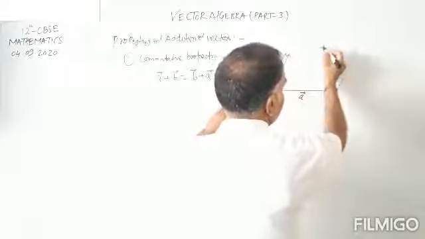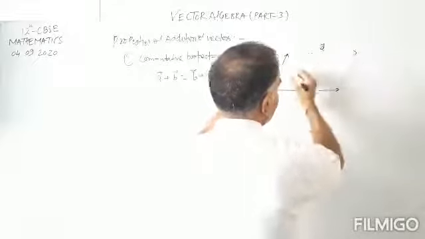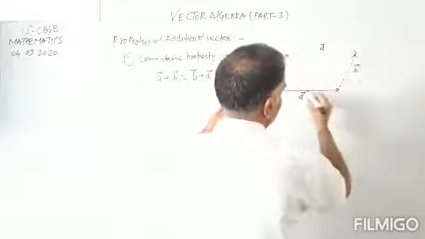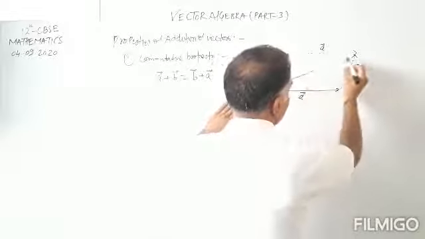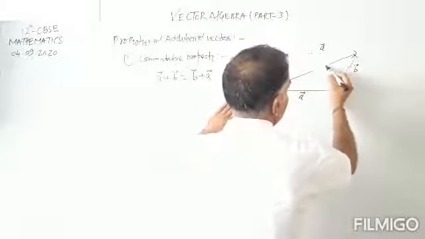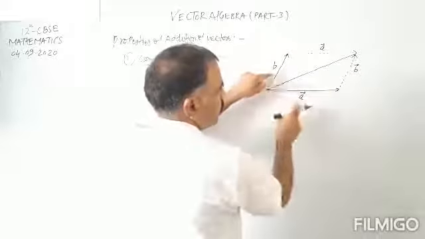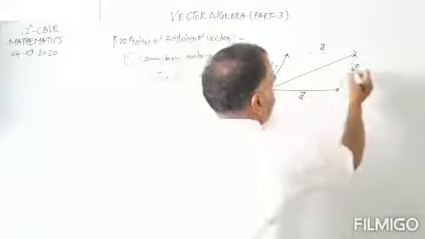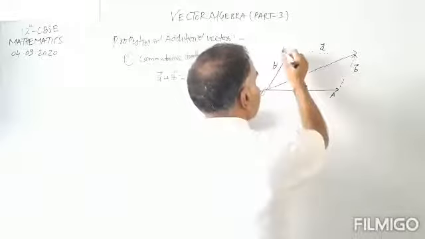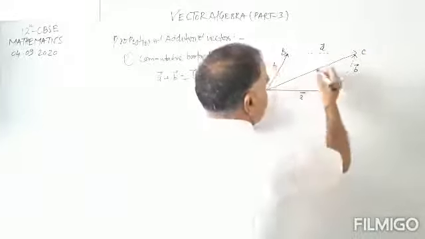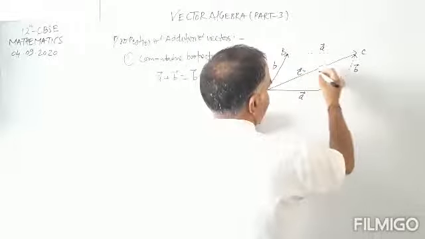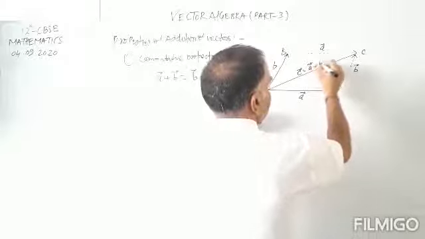This is A vector and this is B vector. Now the sum of these two vectors is represented by this diagonal, that is O, A, B and C, the OC vector. So this is C vector, and C vector is equal to A vector plus B vector.